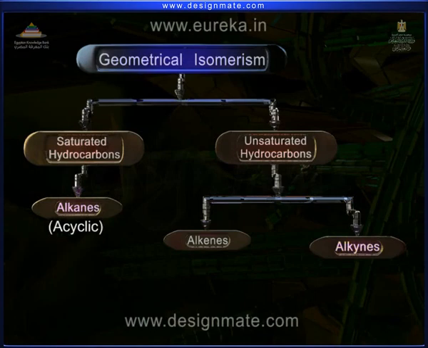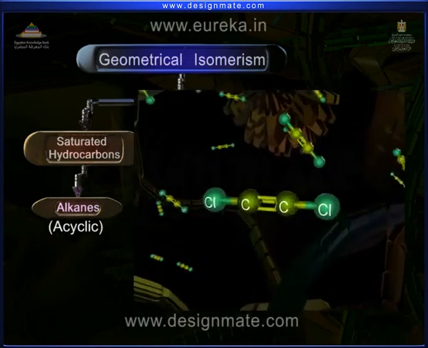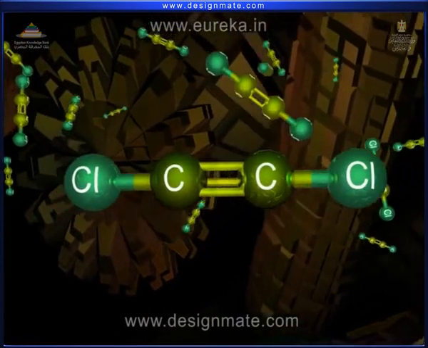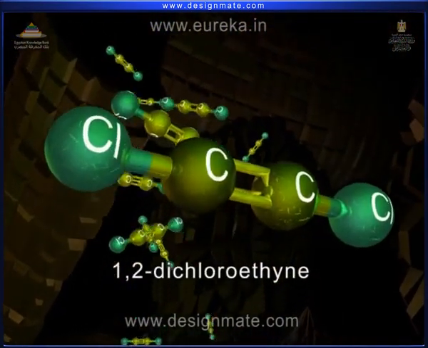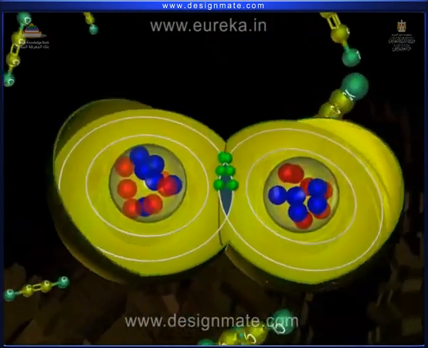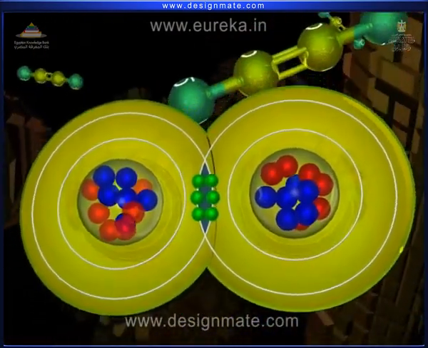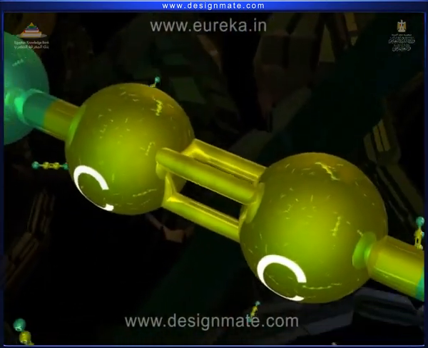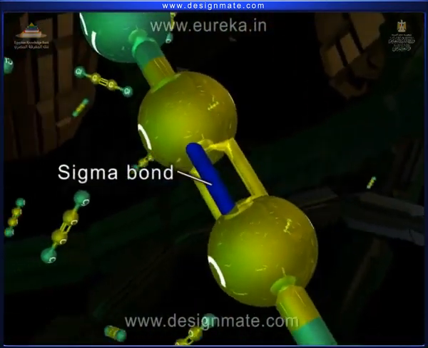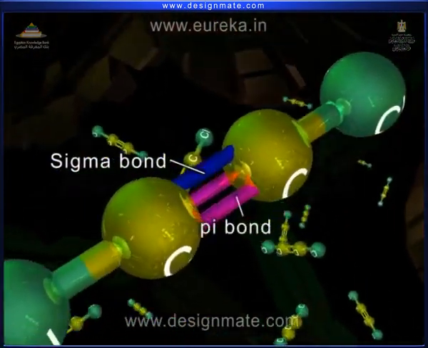Geometrical isomerism in alkynes. In unsaturated hydrocarbon, like 1,2-dichloroethyne, each carbon atom shares 3 electrons to form a carbon-carbon triple bond. Out of these, one is a sigma bond, while the remaining 2 are pi bonds.